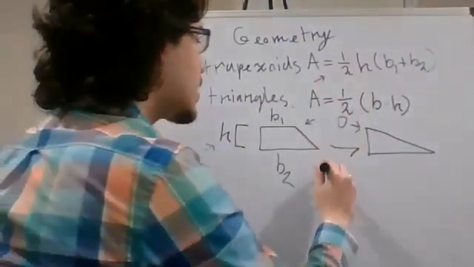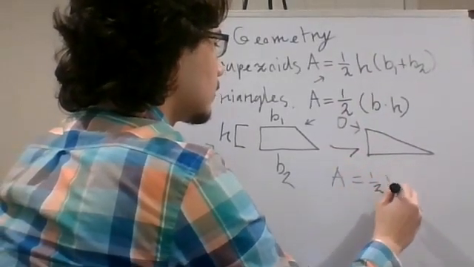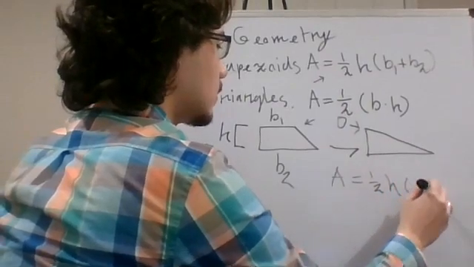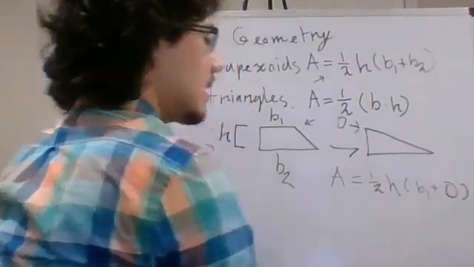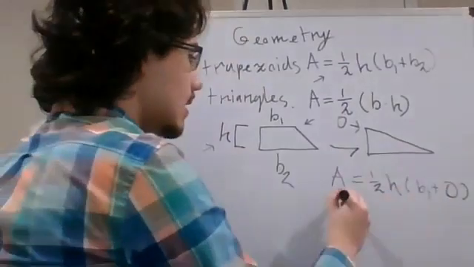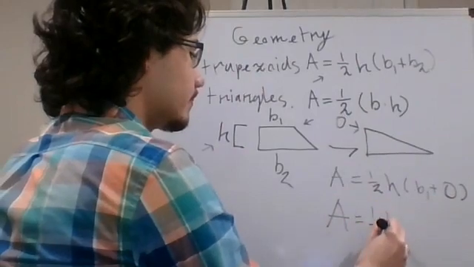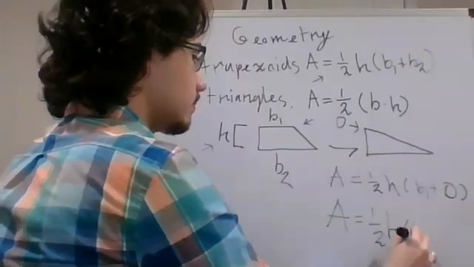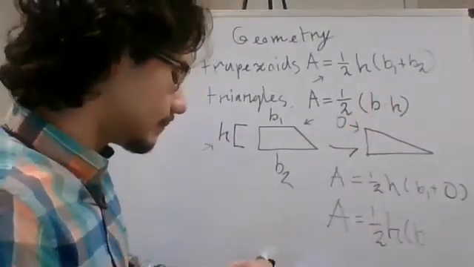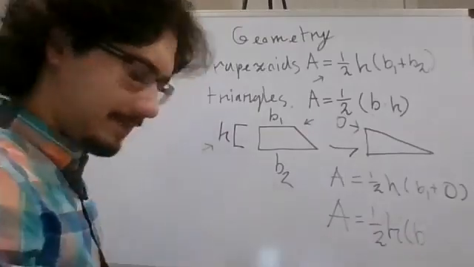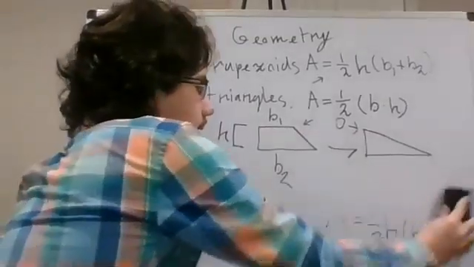As we can compare our equations, we substitute in 0 for one of the bases, and the area equation becomes a triangle. As you can compare here.